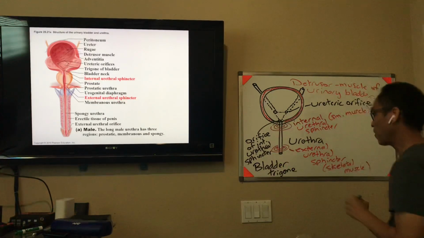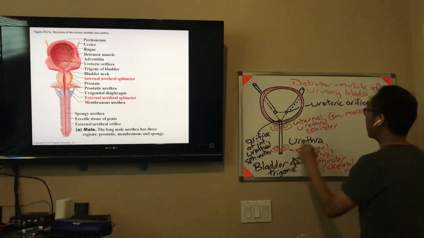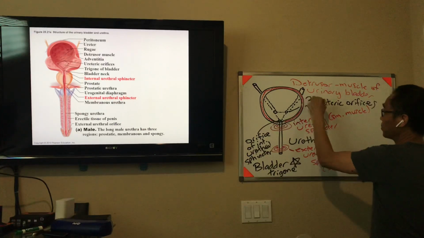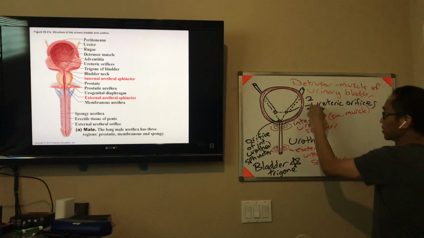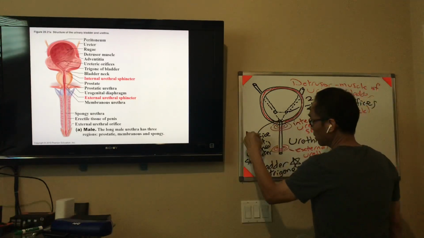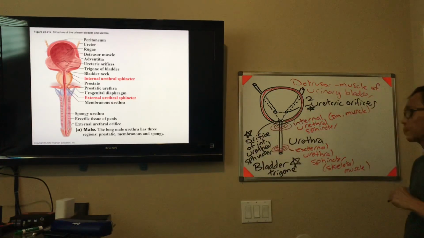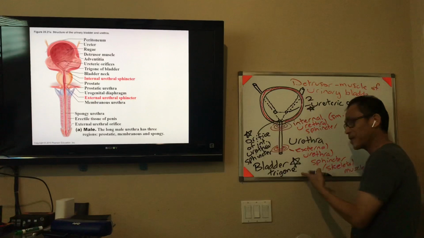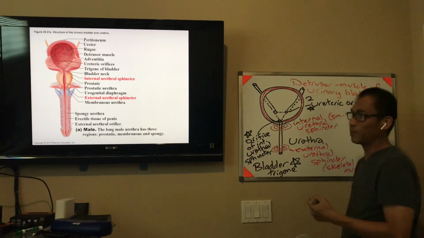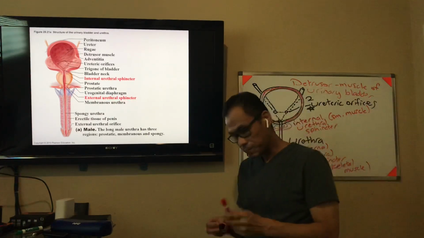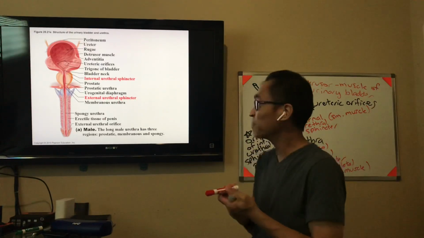So I want you to know that the bladder trigone is made up of these two ureteric orifices and this one orifice of the internal urethral sphincter. It's important you know that this bladder trigone is at the base of the bladder, basically at the bottom. So your bladder fills bottom up, okay?